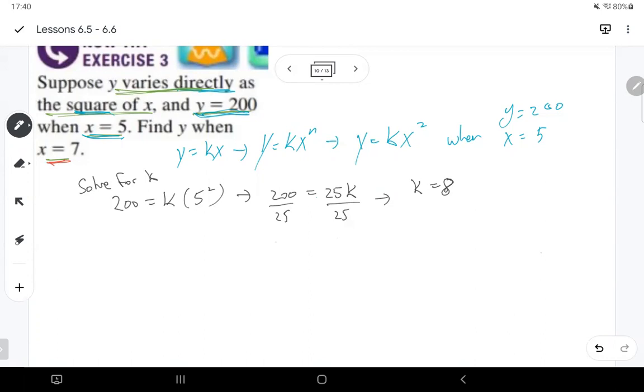And then now we have to solve for y when x is 7.